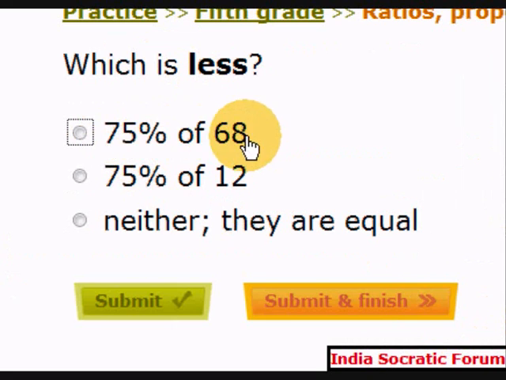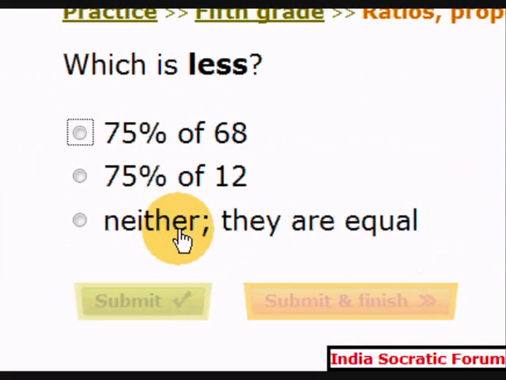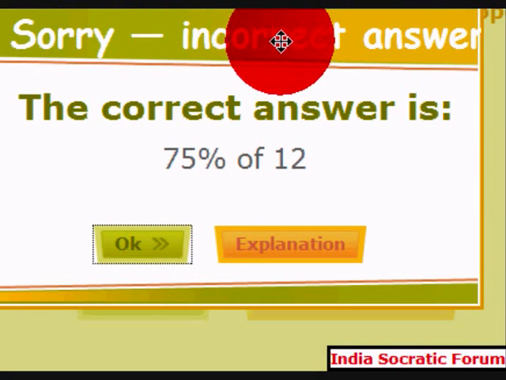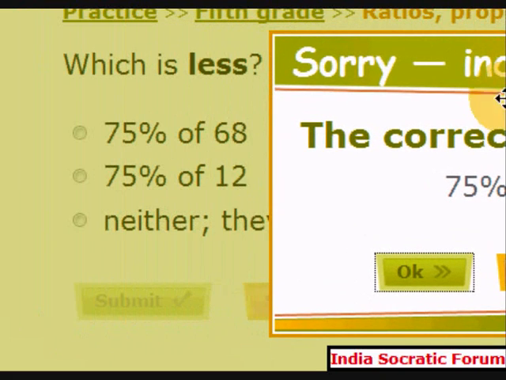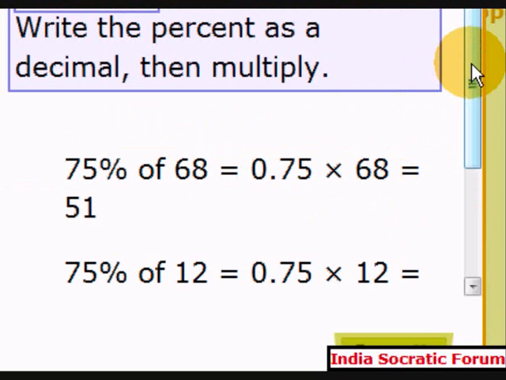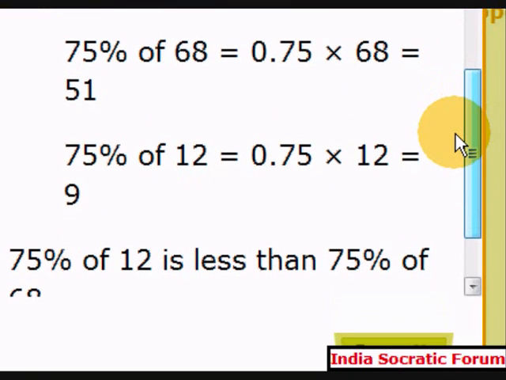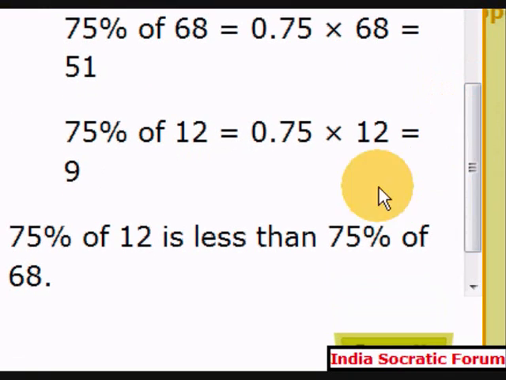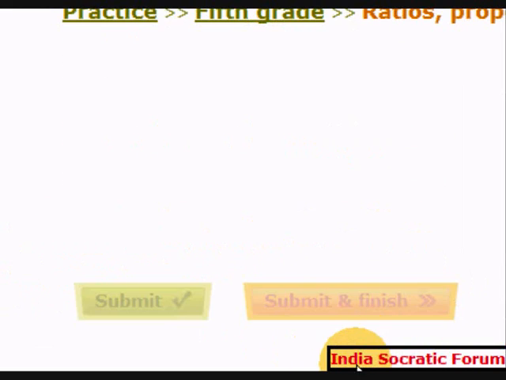Which is less, 75% of 68 or 75% of 12, or neither? The answer is 75% of 12 is less than 75% of 68. The reason is, therefore 75% of 12 is less than 75% of 68.